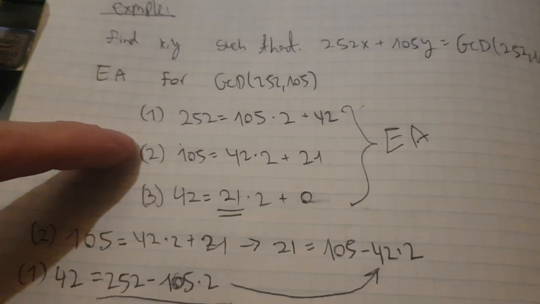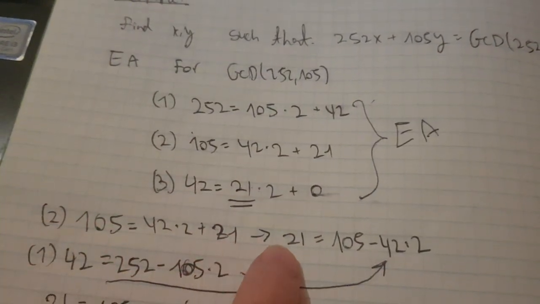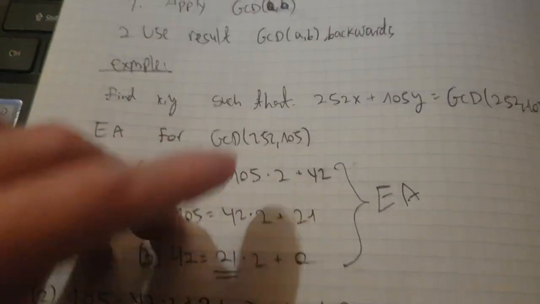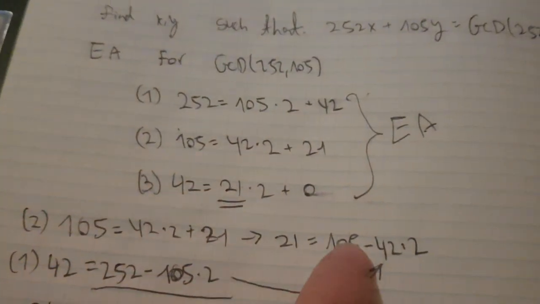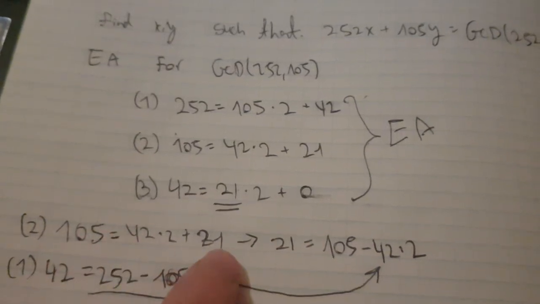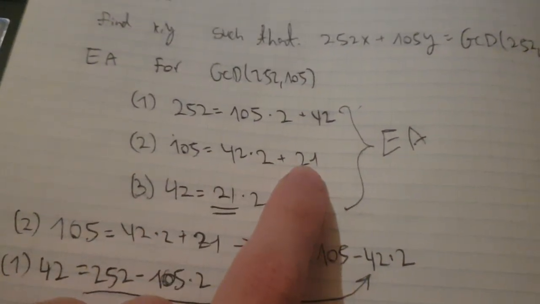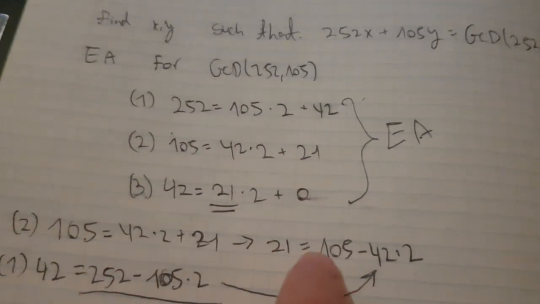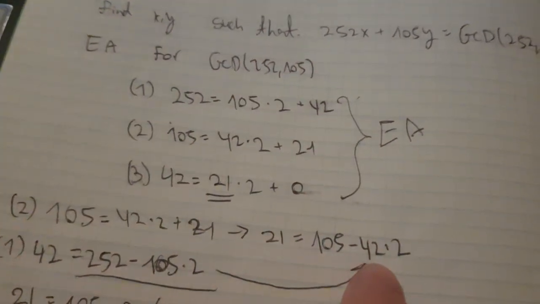We can isolate this 21. Isolating 21 gives me 105, which is the B. So isolating the greatest common divisor, the result will give me 21 equals 105, which is B, minus 42 times 2.